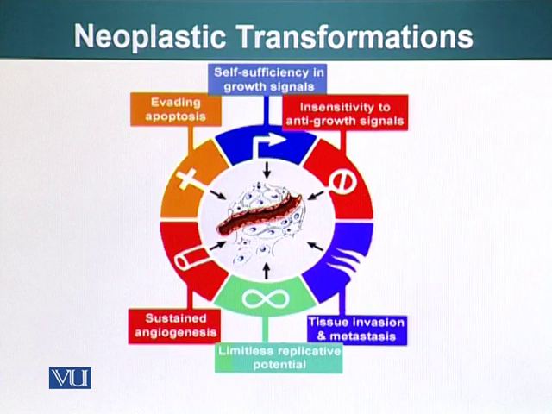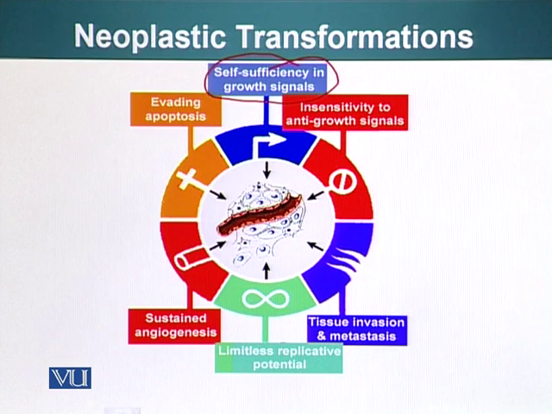Cancer formation is not that easy. Cancer cells have to face many challenges to survive and become viable, and their ability to grow and form cancer is limited by many factors. So let's look at the challenges that cancer cells have to overcome. First of all, they have to have self-sufficiency in growth signals.